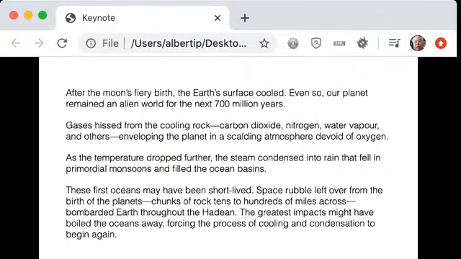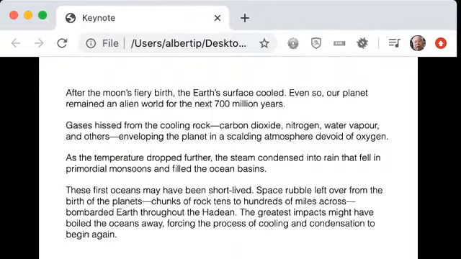Most of them would be carbon dioxide, nitrogen, water vapor, and so forth. But there wouldn't be any molecular oxygen. Because of no molecular oxygen and so much carbon dioxide, the Earth's surface would be much hotter than today.